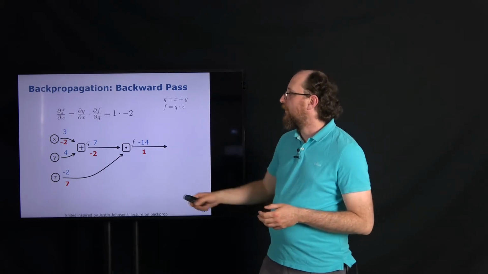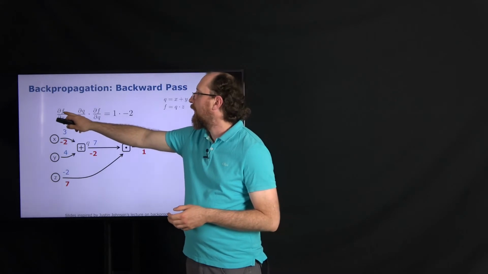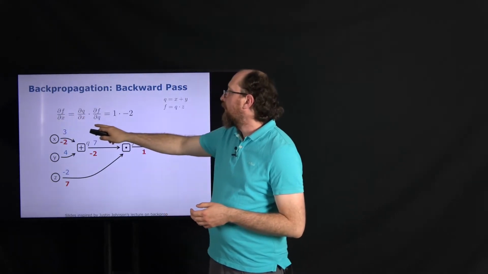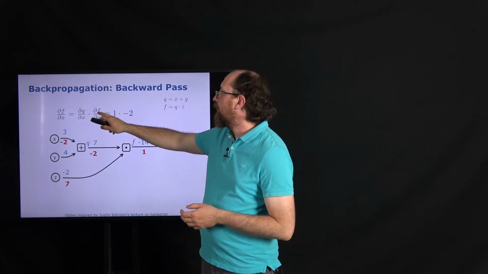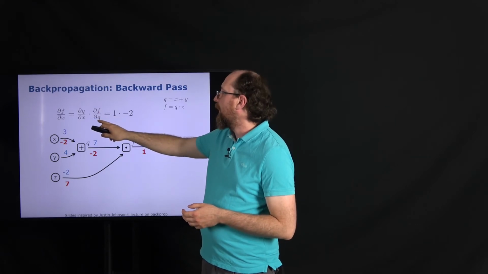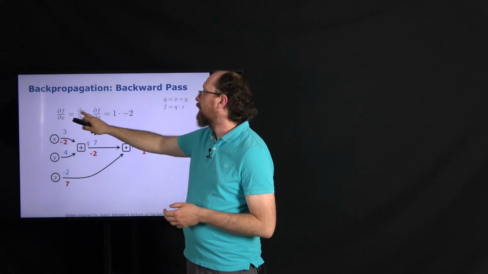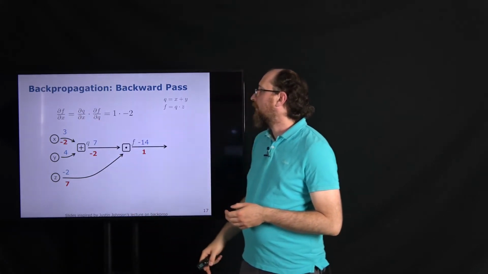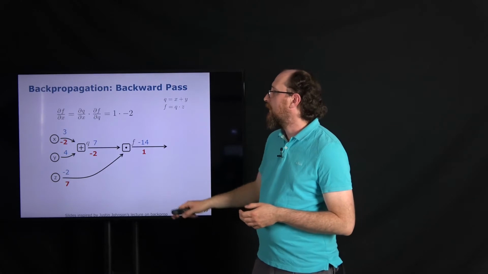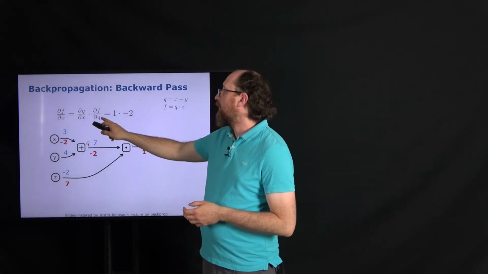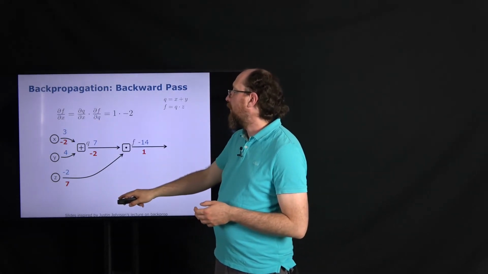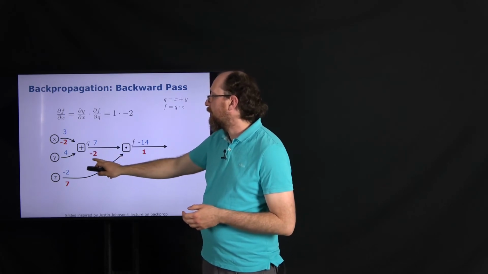We want the partial derivative of f in respect to x. That means we first take the partial derivative of f in respect to q and multiply it by the partial derivative of q in respect to x. As shown here, the partial derivative of f in respect to q we already computed. This is -2.